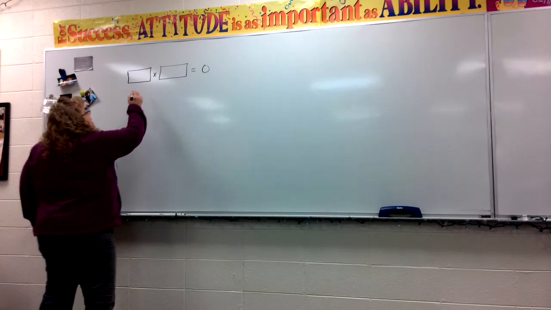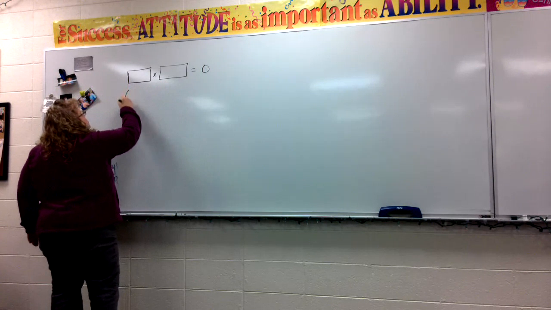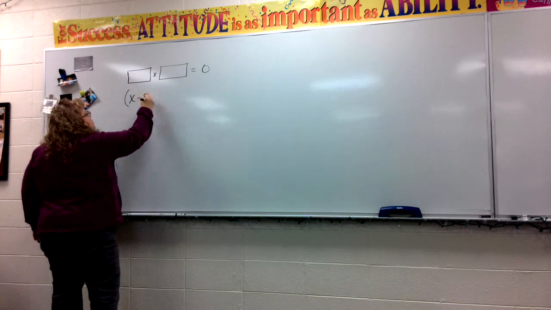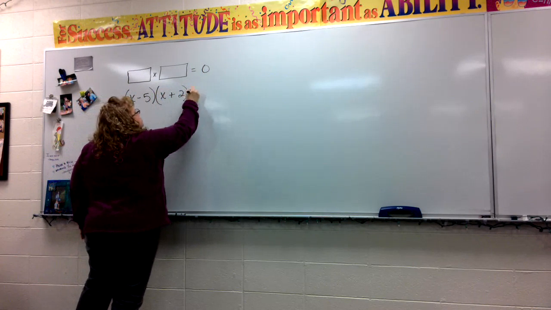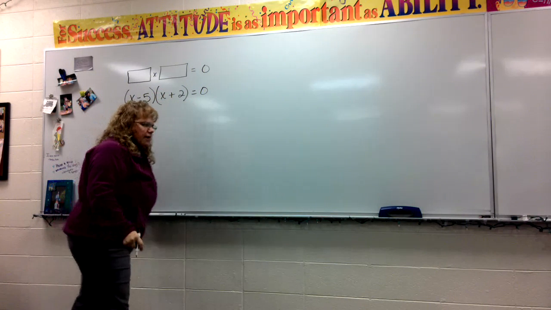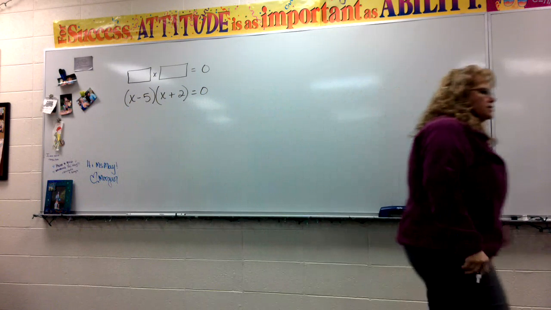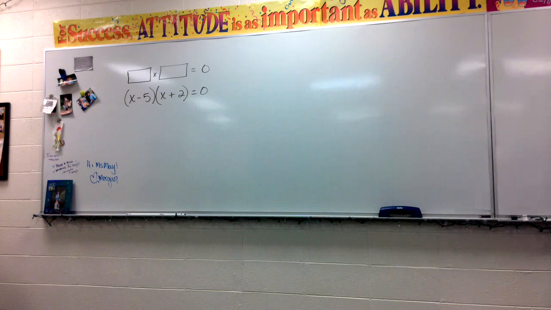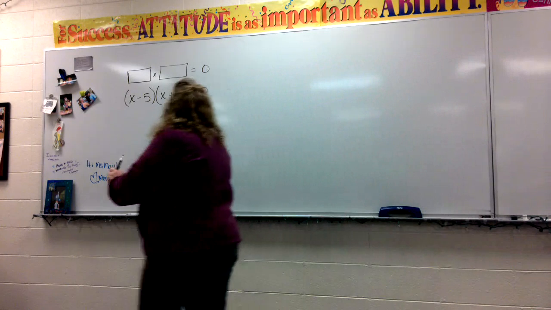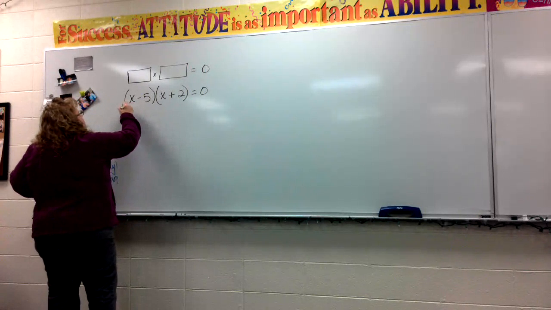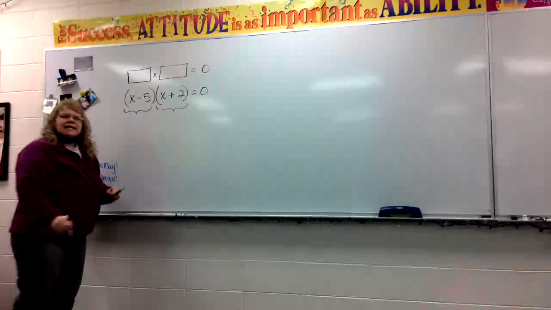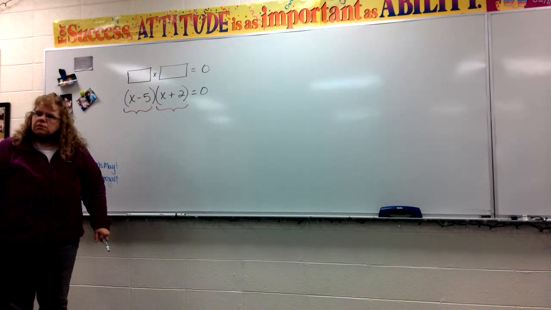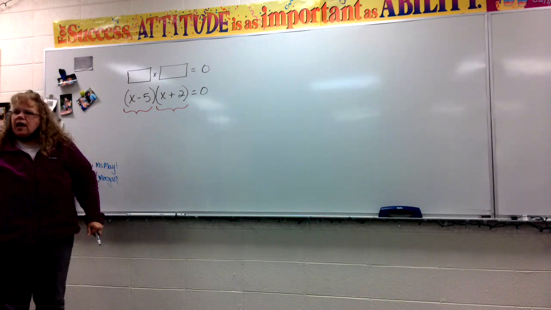So today, instead of two boxes, we're going to multiply some quantities together. So I'm multiplying this thing times this one, and I get an answer of 0. What did you just tell me?